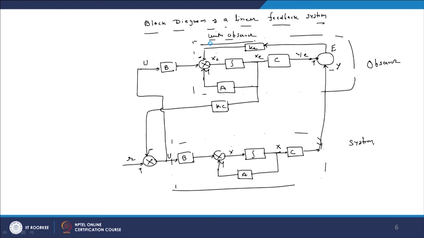So, if you see this, xc dot equal to A into xc minus K into E plus B into u.